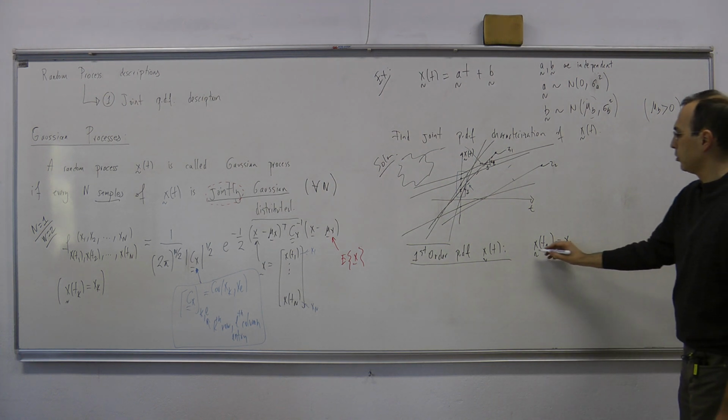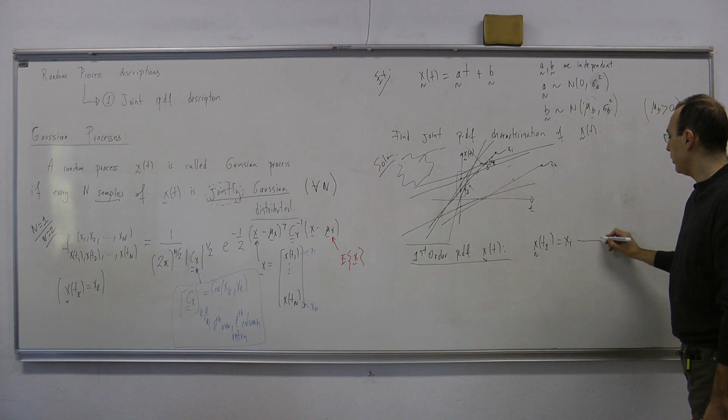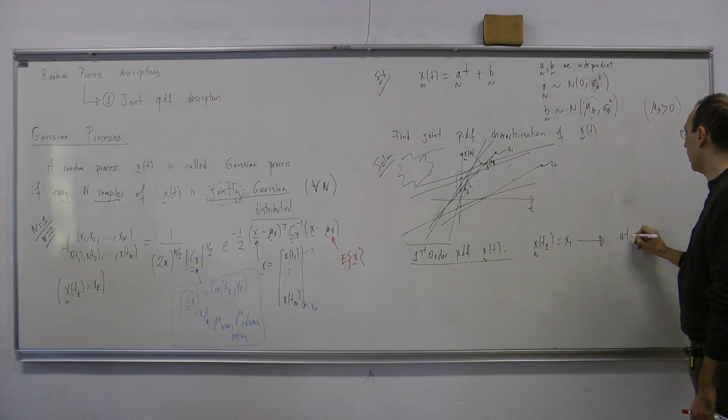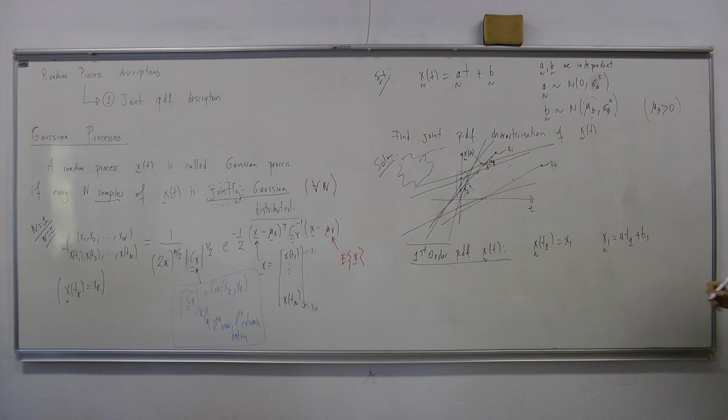Okay. So I'll be doing this for all t1, of course. So then if I do this, what do I have? This is equal to a times t1 plus b, which is now my random variable, x1.